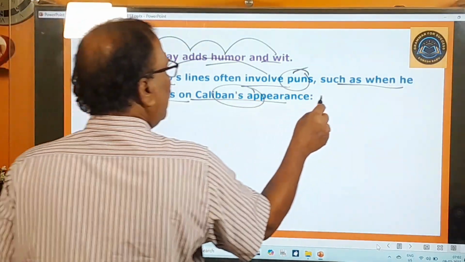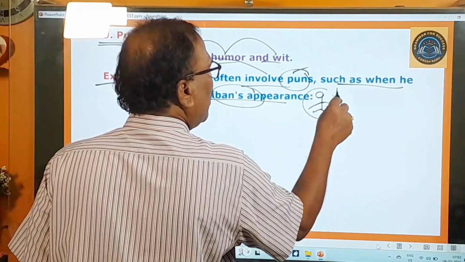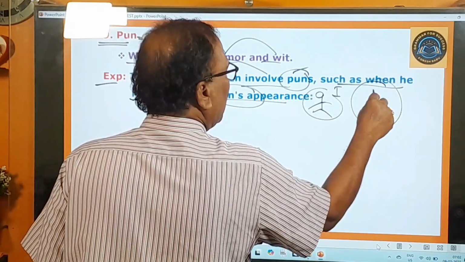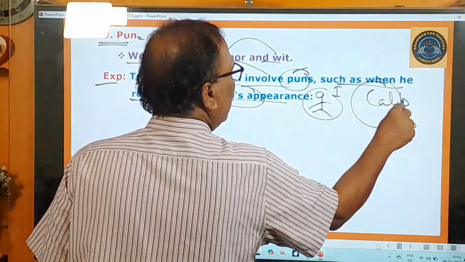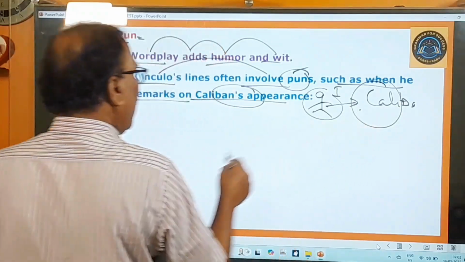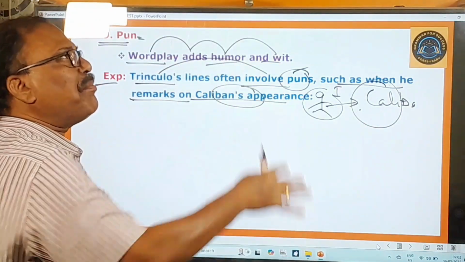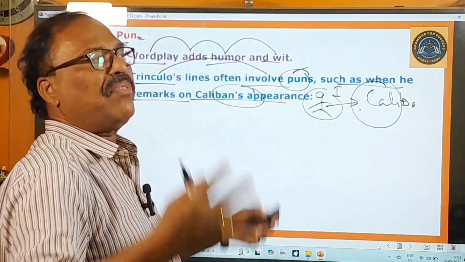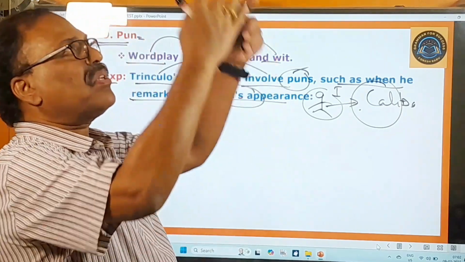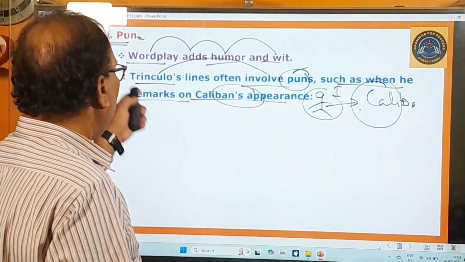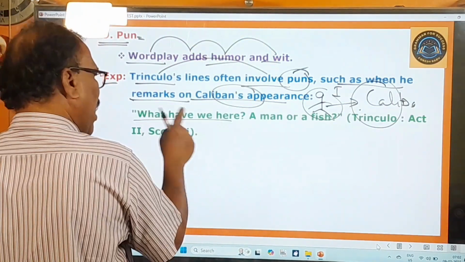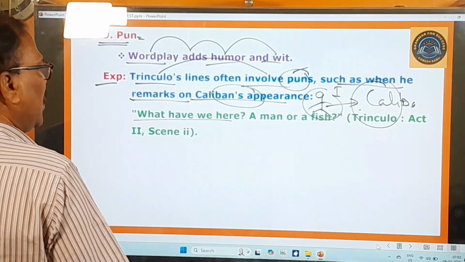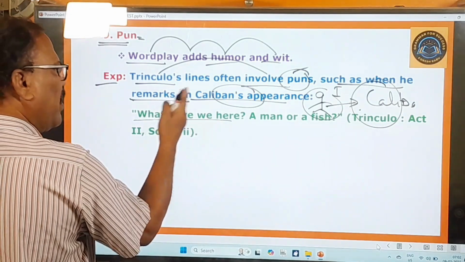So first of all, this Trinculo, soon after he reaches the island, comes across this Caliban, and on seeing the big huge, mammoth, monstrous appearance of that Caliban, he says these words. What have we here? What have we here means, what do we have here?